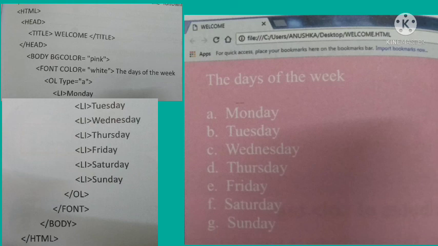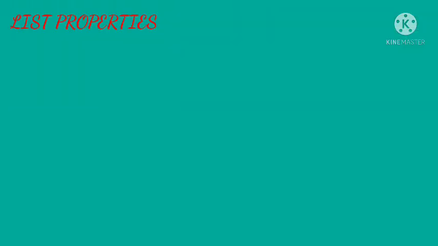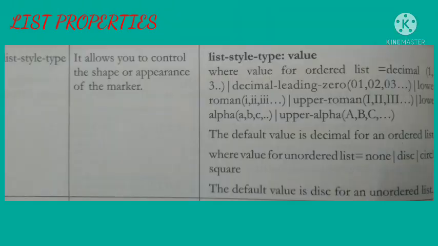Next, list properties. Students, now we will study the list properties that can be used to change the style of the list on a web page. First one, list-style-type. It allows you to control the shape or appearance of the markers, and its syntax is list-style-type: value.